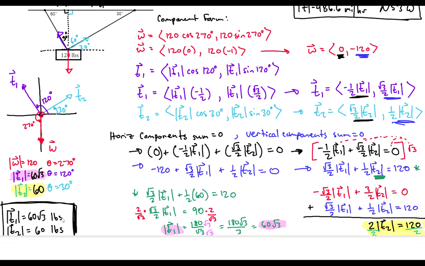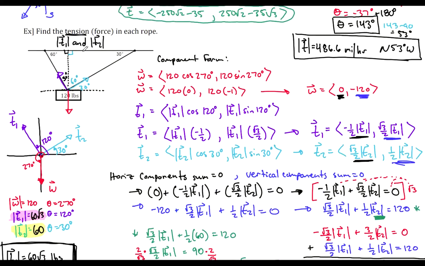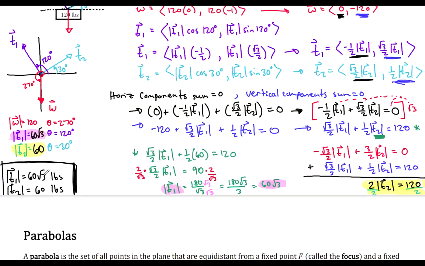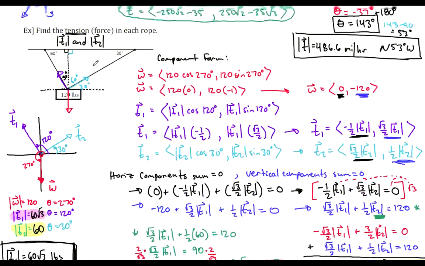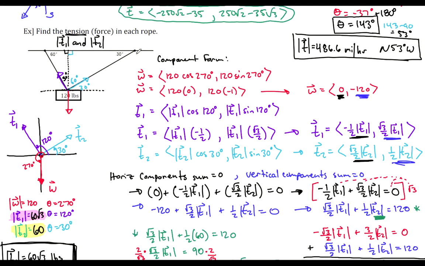With physics problems, we can still see if it makes sense for us here. Notice in our picture, T1, the one that was in purple, is mostly going upward. It's doing the majority of the lifting for this problem, so it should be the bigger number. Yes, 60 radical 3. Whereas this horizontal one is not doing as much, so it's not helping as much.